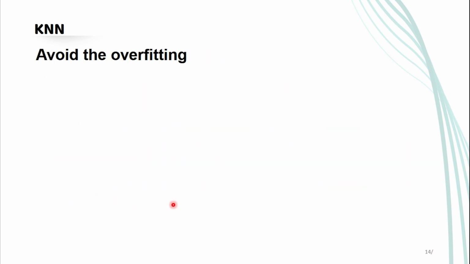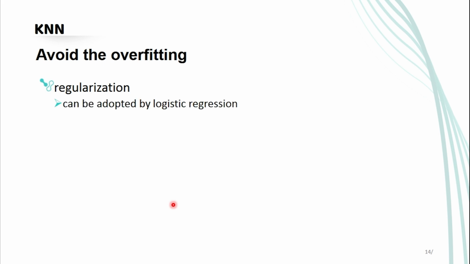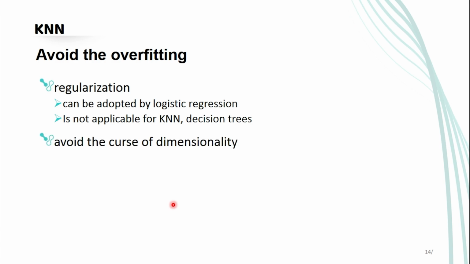So how do we avoid overfitting? We have several methods. The first one is regularization. Regularization can be adopted by logistic regression, but this method is not applicable for k-nearest neighbor and decision tree, because logistic regression is a parametric model, while these kinds of models are non-parametric. Regularization can be applied to parametric models, but not to non-parametric models like k-nearest neighbor and decision tree.